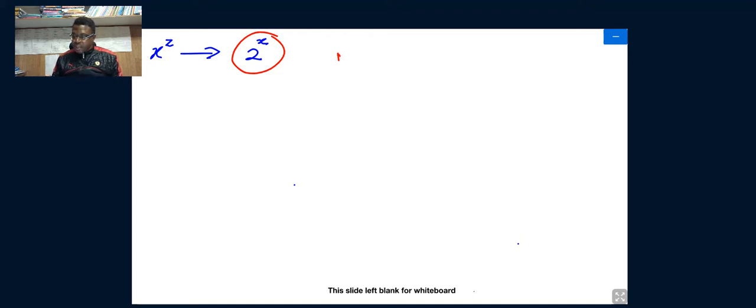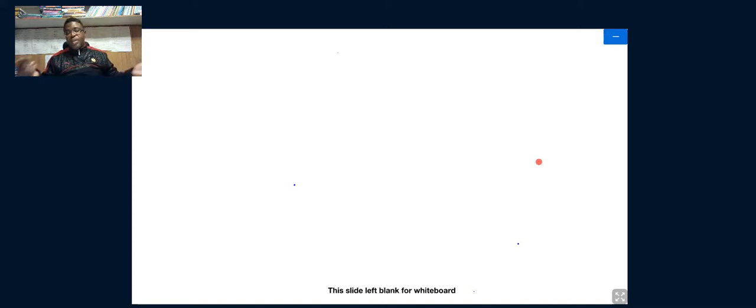I clean the board again. We studied the laws of exponents, and we have now dealt with fractions, fractional algebraic expressions. Now we are dealing with something different. Algebraic expressions with exponents that are variables. So let me give you this.